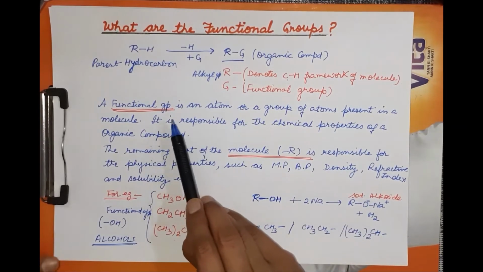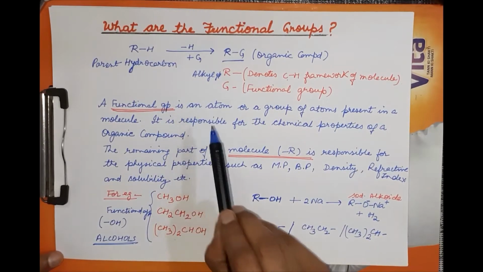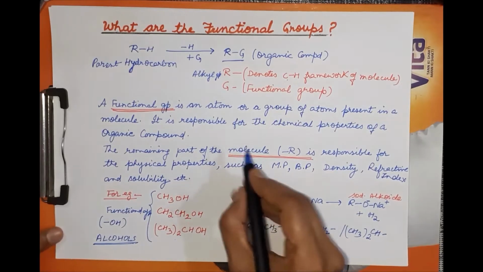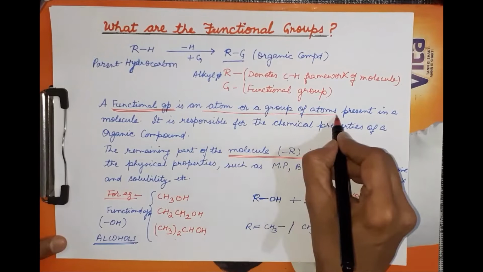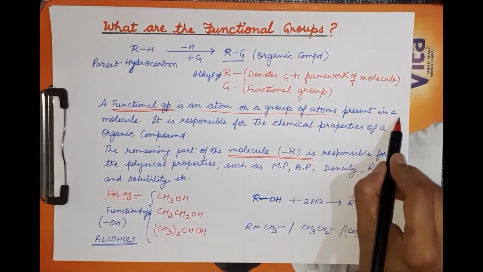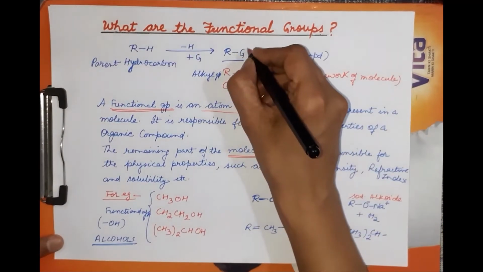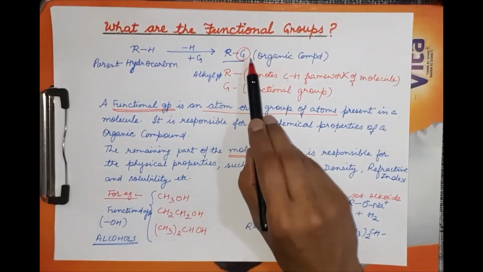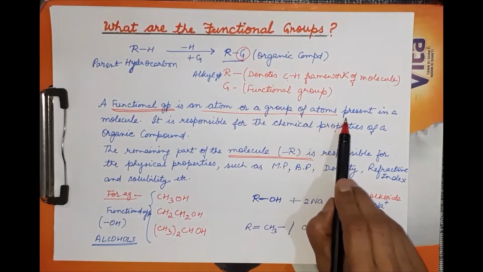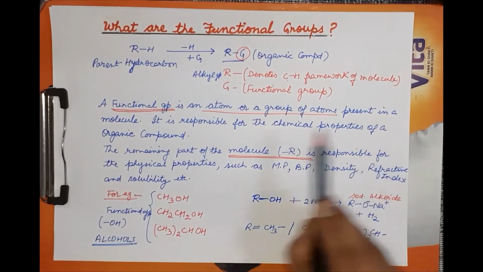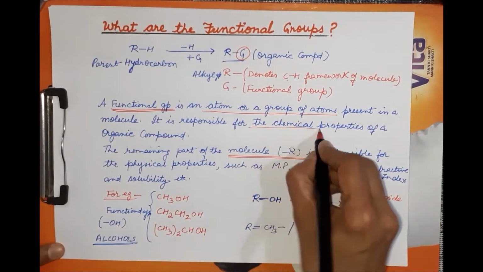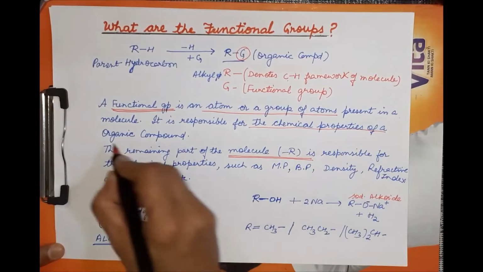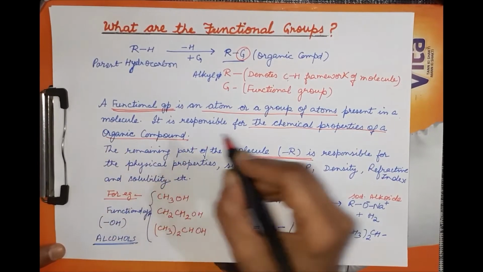We can say a functional group is an atom or a group of atoms present in a molecule, and it is responsible for the chemical properties of an organic compound.